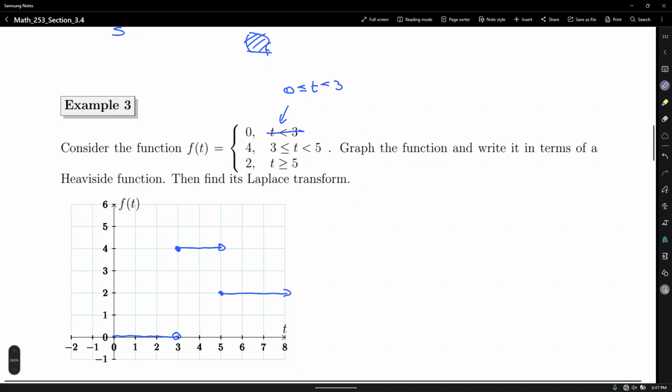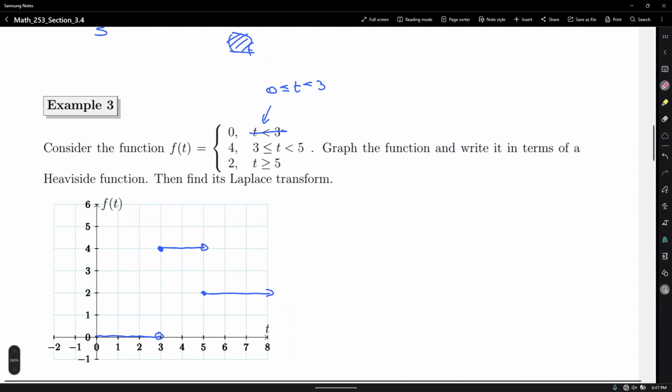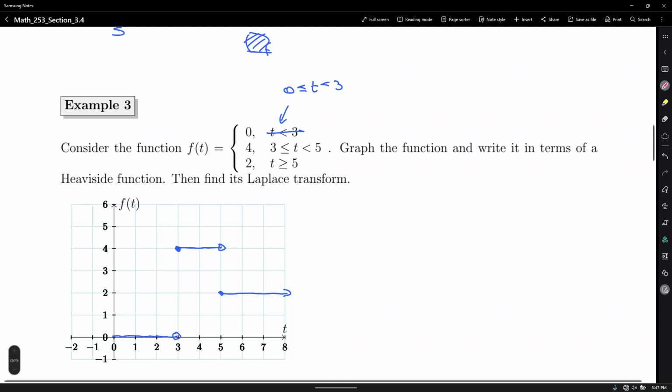Now, our focus is what happens at the values of t where we have the jumps. Here at 3, we have a gain of plus 4. However, at 5, we have a loss of 2 units. So plus 4 and then minus 2. Let's write this in terms of a Heaviside function.